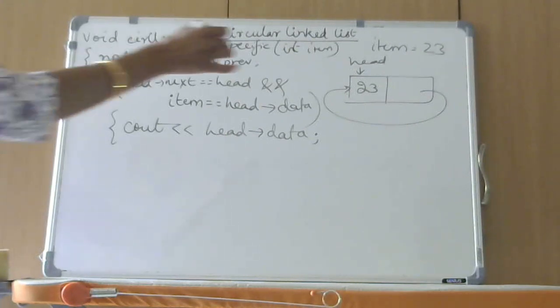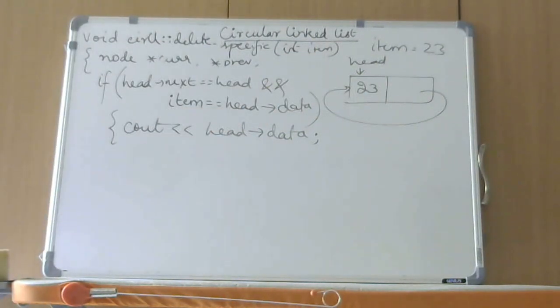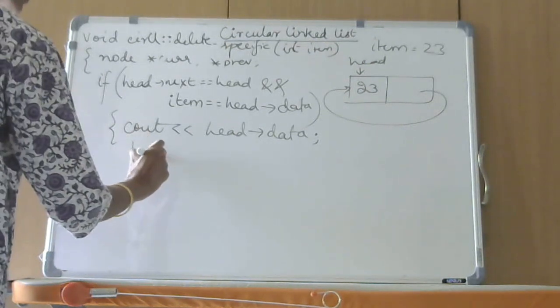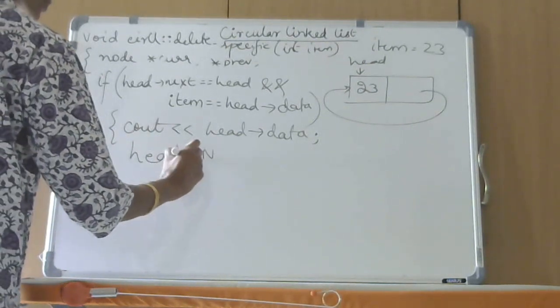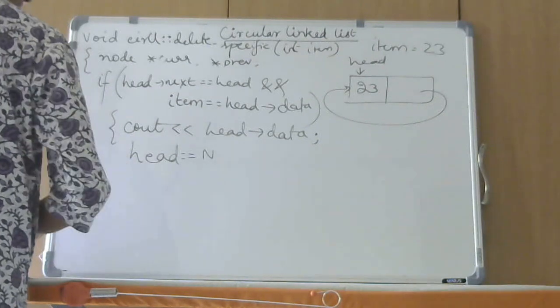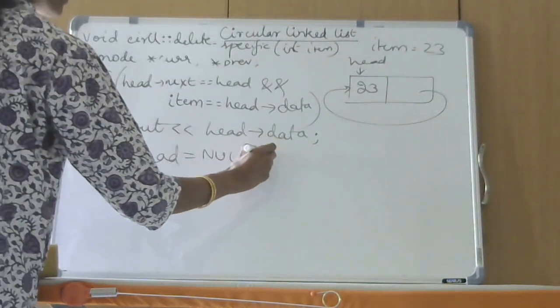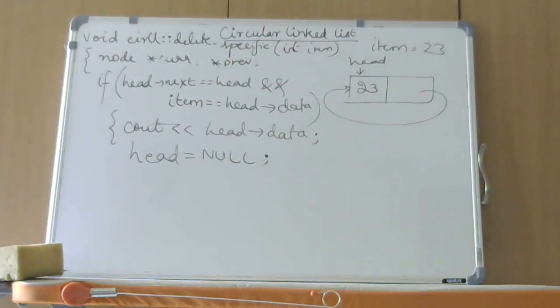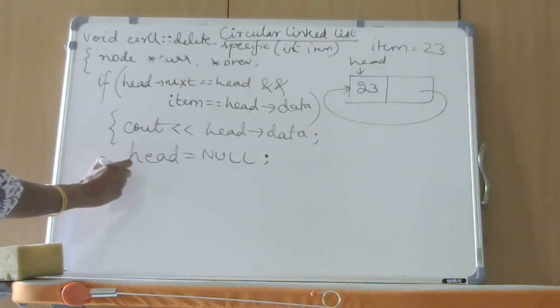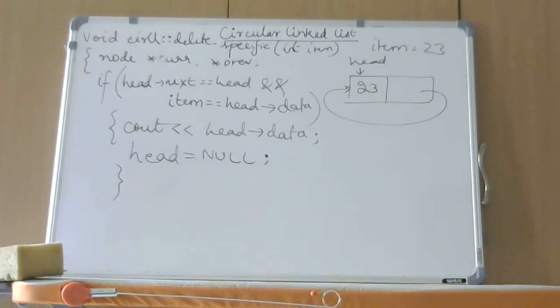Now, when I delete this node, my list will become empty. So if the list is going to be empty, I have to initialize head is equal to null, because your list has now become empty. That is the second condition that we have to check. First condition, the list is empty.